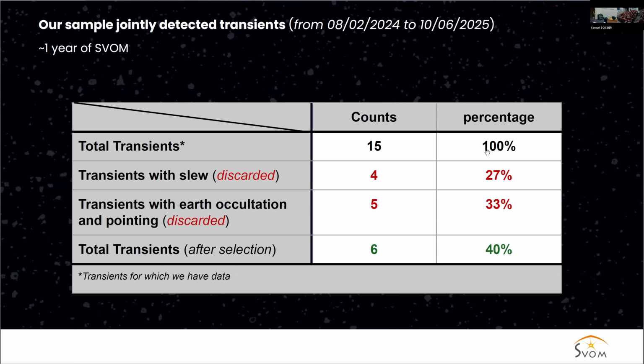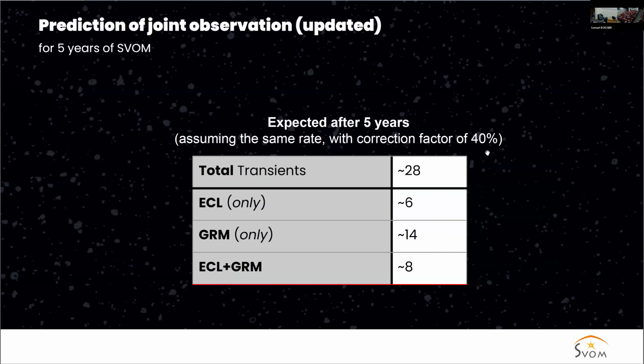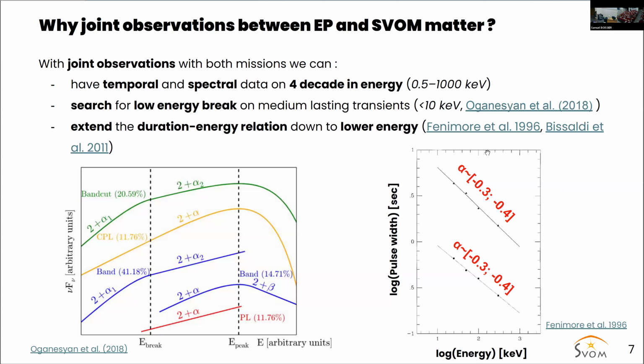And so in total, you have only 6, so 40% out of the 15, that are well characterized and for which you have the beginning of the prompt and the end. So if we take back the numbers that I gave you for the 5 years with this correction, you end up with about 28 of those transients that should be well characterized by both missions.